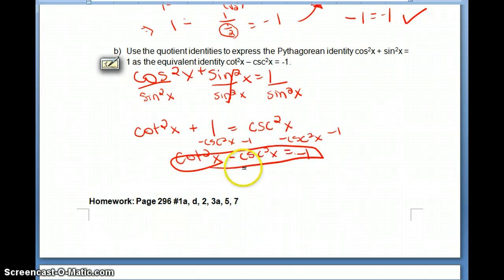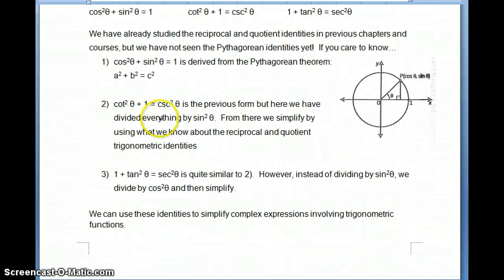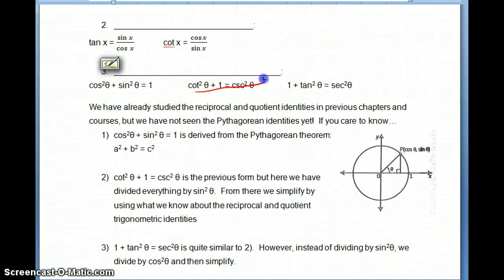This is exactly what we had up here, and if you scroll up, that is our second identity right here.